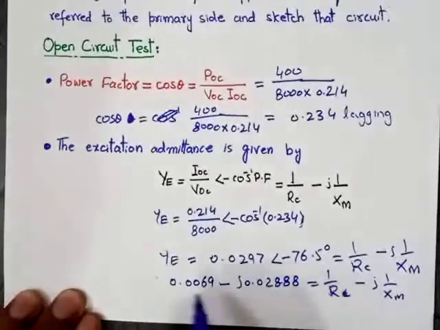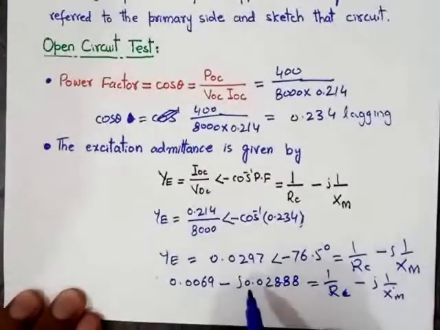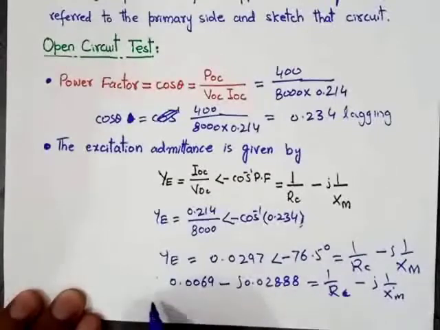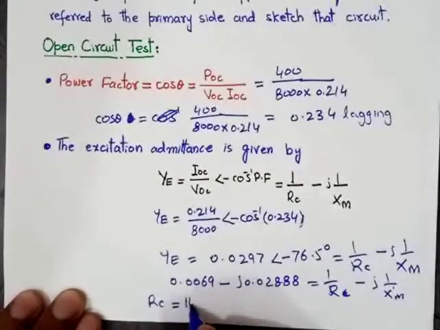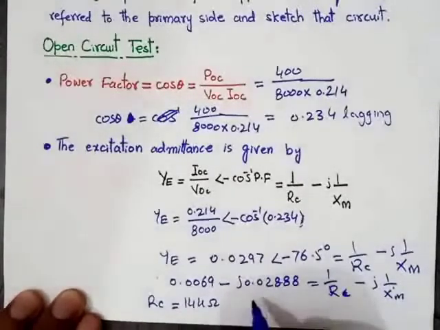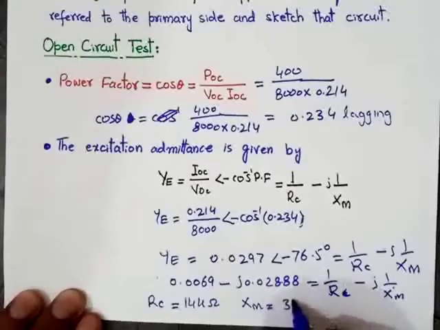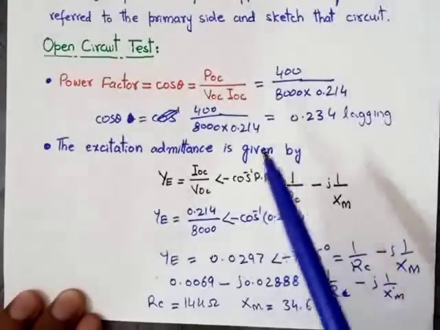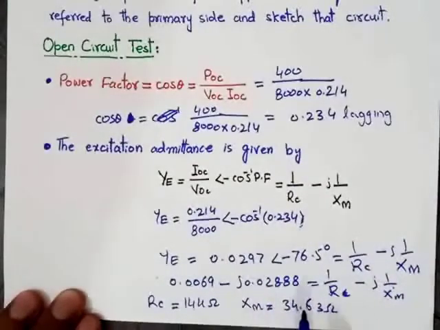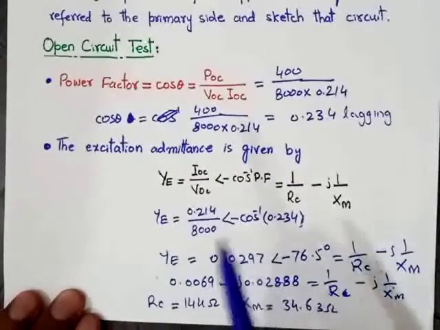Now by comparing the real part with the real part and the imaginary part with the imaginary part, we get the value of Rc equal to 144 ohm, and the value of Xm equal to 34.63 ohm. So this is the value of Rc and Xm. We determined the values of Rc and Xm by using the results of the open circuit test.